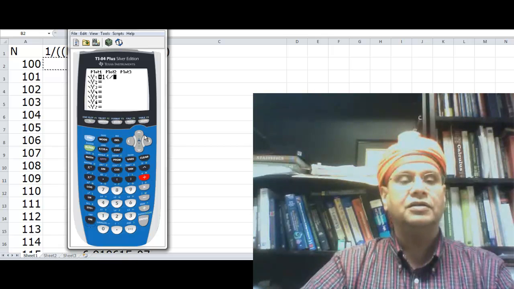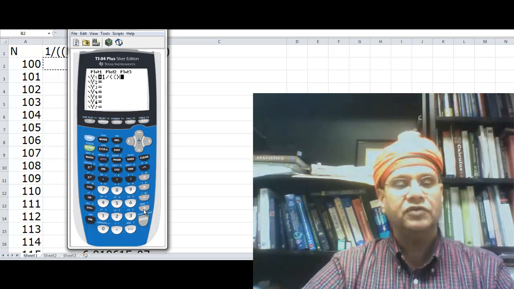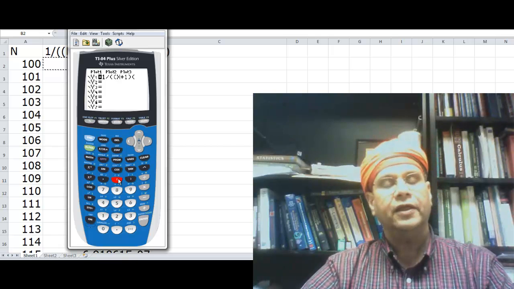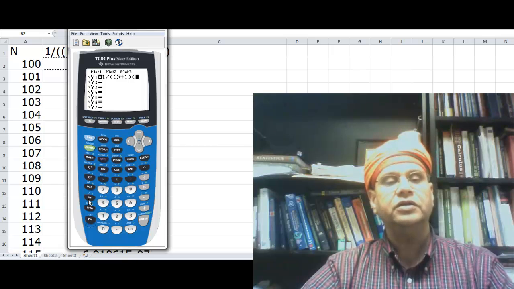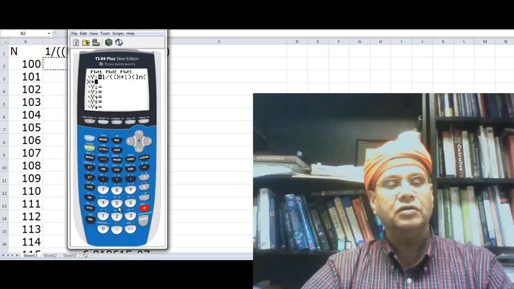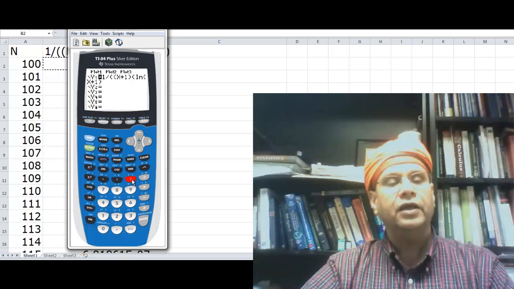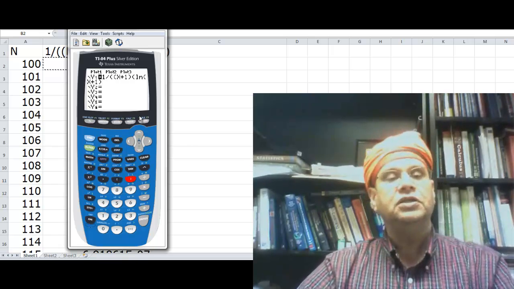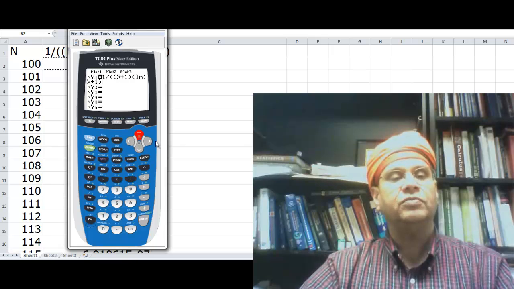Divide. Then we have x plus 1, and then ln, right here. Then x plus 1, to the power 3, but let me insert another bracket here.